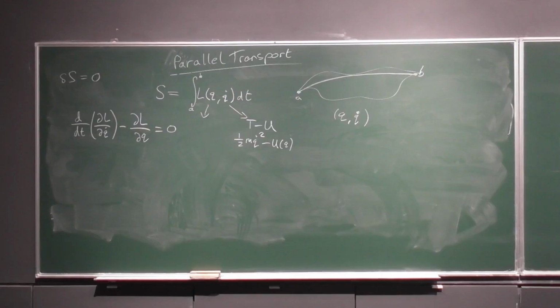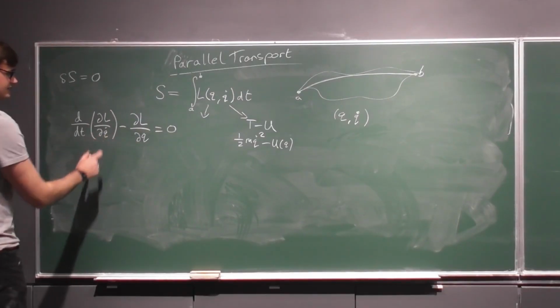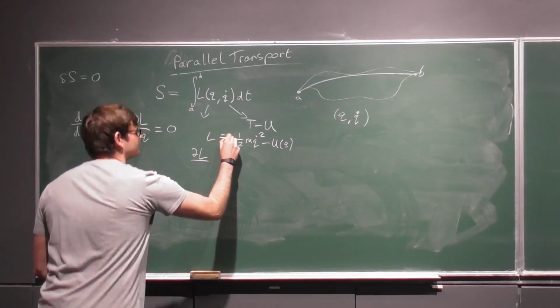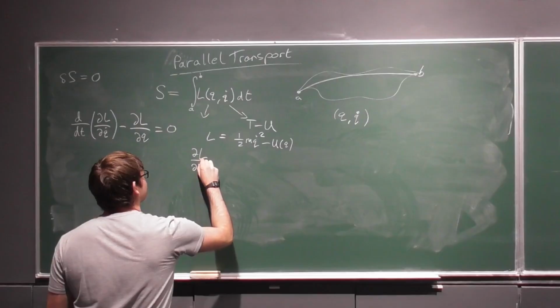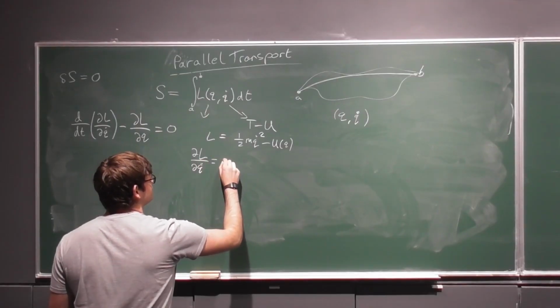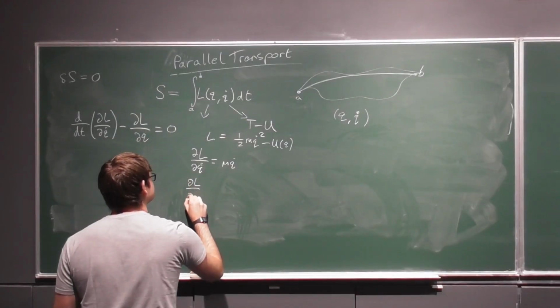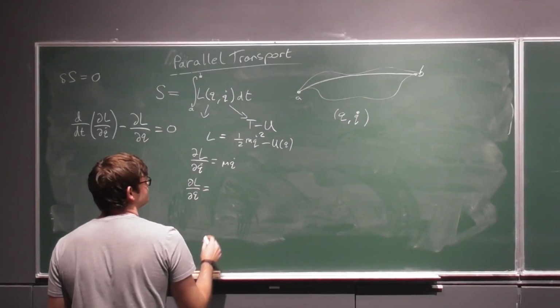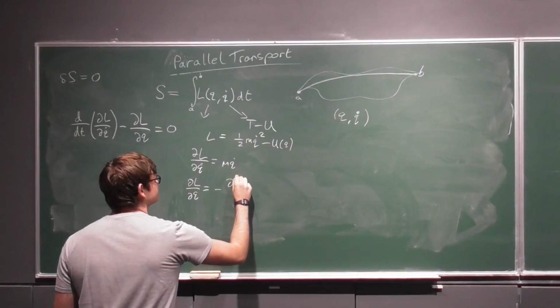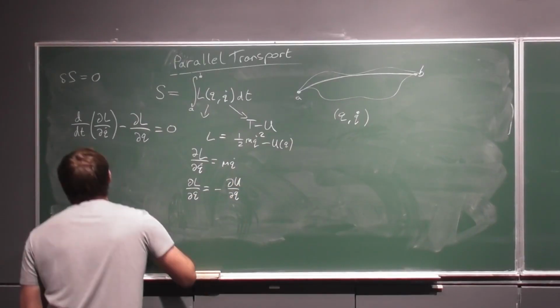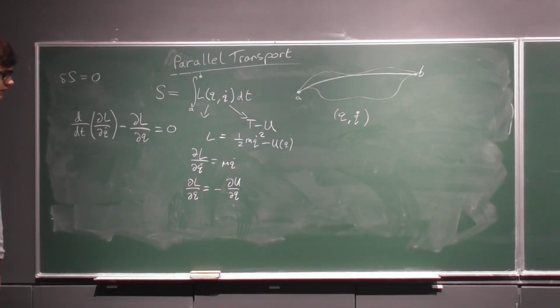There's issues if it depends on the velocity, like non-conservative type of stuff. Okay, then if we apply this equation, we can see that dL/dq̇ is equal to m q̇, and dL/dq is equal to minus dU/dq. That is correct.